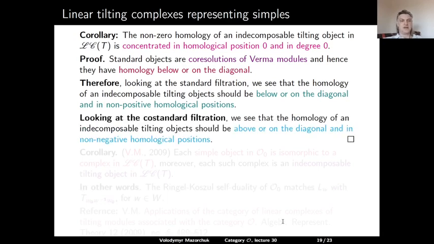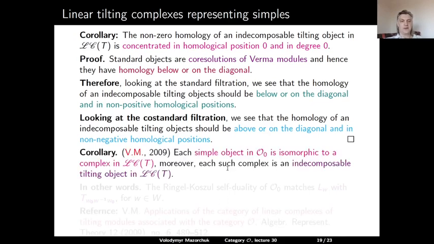At the same time, looking at the co-standard filtration, we have the dual version: the homology of an indecomposable tilting module should be above or on the diagonal and in a non-negative homological position. So combining these two things together, we get our corollary.